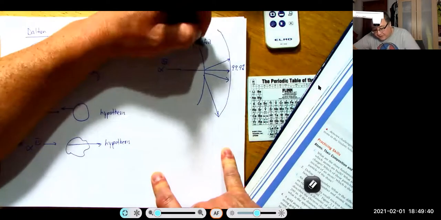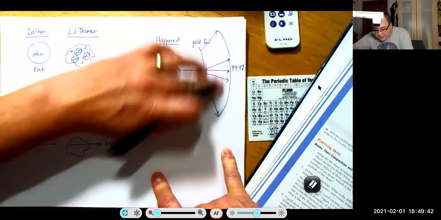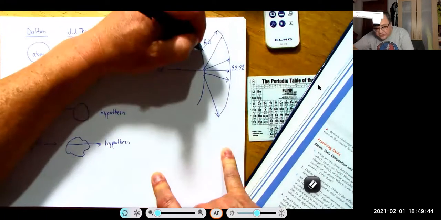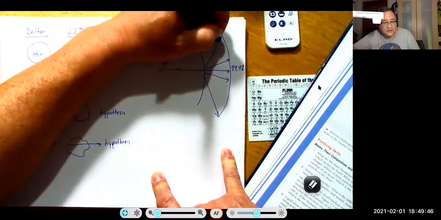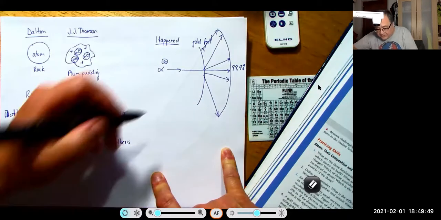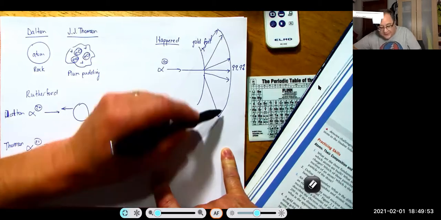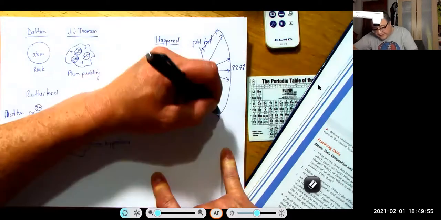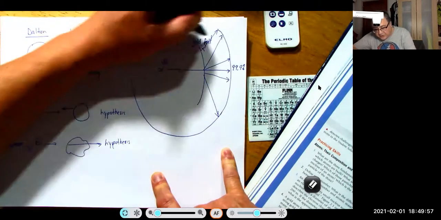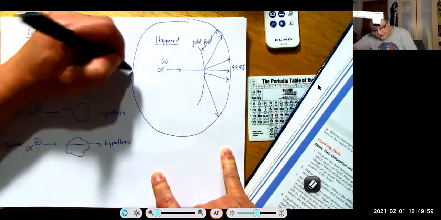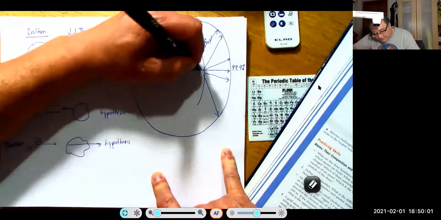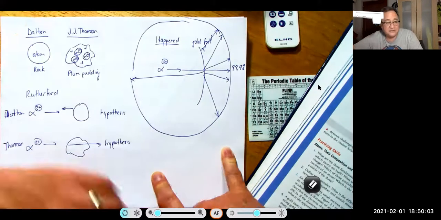When you get so many that are hitting off center, the natural question is, how far are you going to see them? So they extended the detector so that it went behind the source, and they noticed that some of them hit back here.